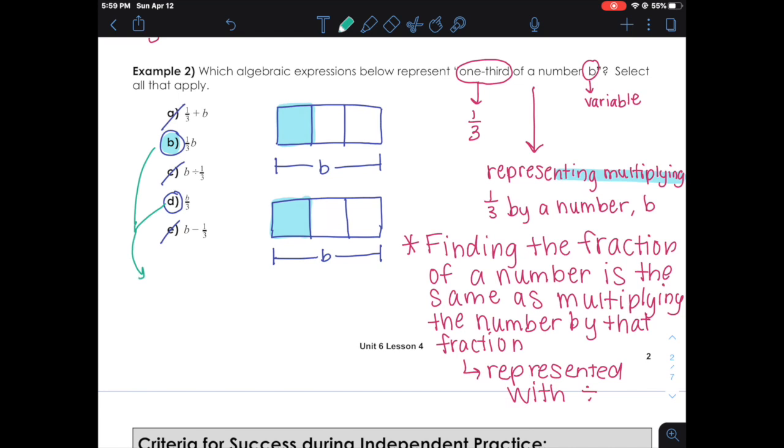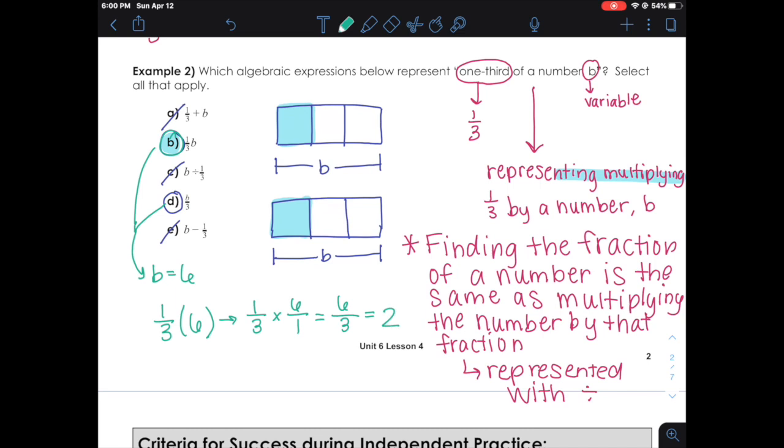So we're going to plug in a number for b. Let's say b equals 6. I'm going to plug it in on the expression we had for B here. So 1/3 times 6. And in order to multiply those, I have to turn 6 into a fraction. So I have 1/3 times 6/1, and I just multiply straight across. 1 times 6 is 6, 3 times 1 is 3, and when I simplify that, I get an answer of 2.